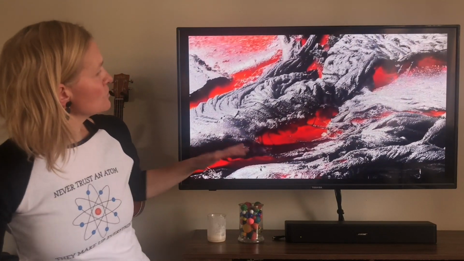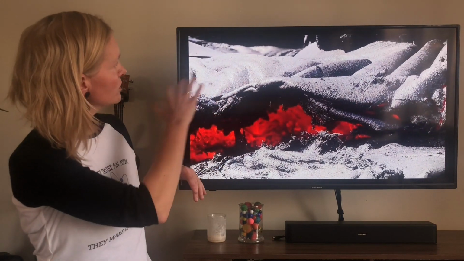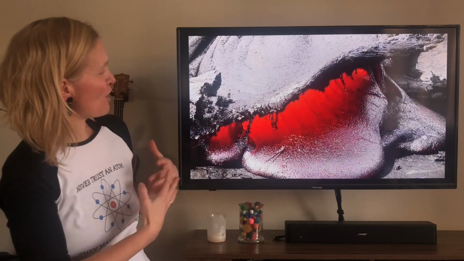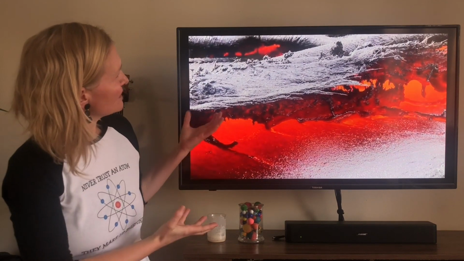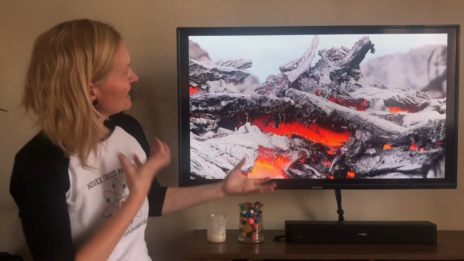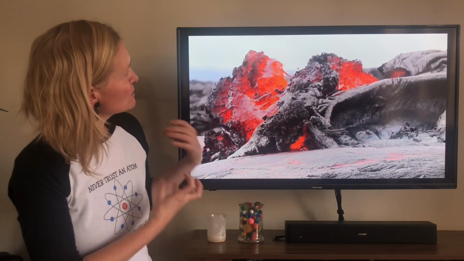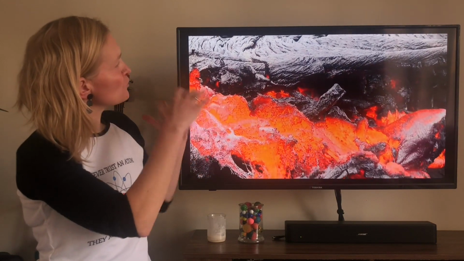And so what's interesting about this video is you can see that on top you have this solid crust, and yet underneath you have flowing molten lava. And so you have actually solid and liquid right at the same time and place. And that's because on the top part, it's frozen.